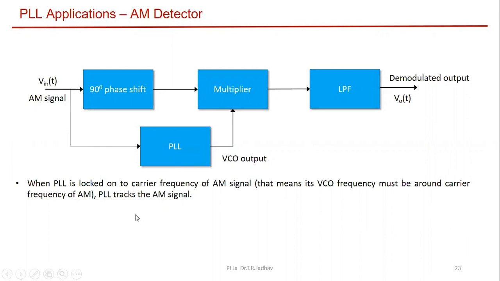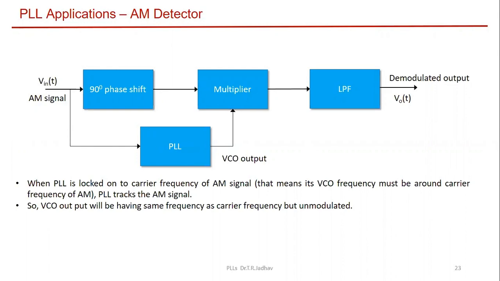So the PLL tracks the AM. But the VCO output will always be the same as the carrier frequency in this case, but don't forget this is unmodulated. So you get a pure carrier. And since you are getting a pure carrier here, we can consider the PLL as a local oscillator.